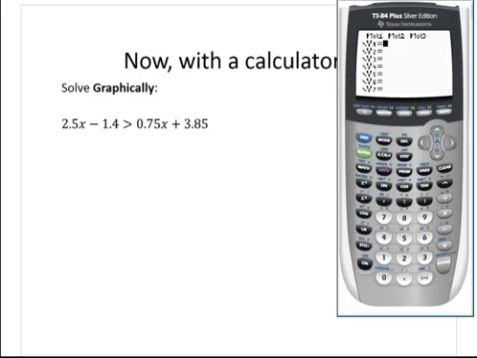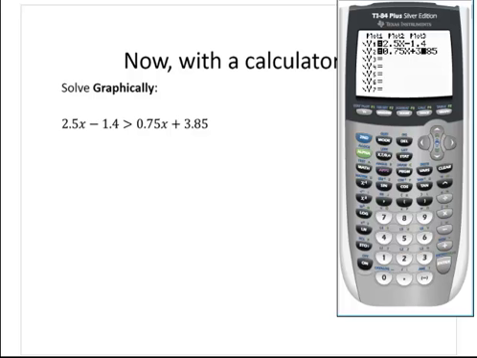So I will go to my y equals screen on the calculator, and I will graph as my y1 2.5x minus 1.4, and as my y2 I will graph 0.75x plus 3.85.